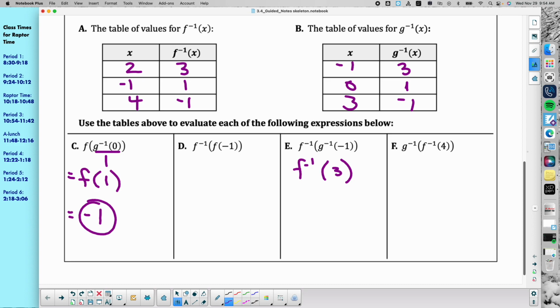Correct. Can't do it. My guess is this was supposed to be regular f. Because there is a 3 in the other column, so that's probably where a typo is. If nothing, it's just helpful to know that you can't find that answer.